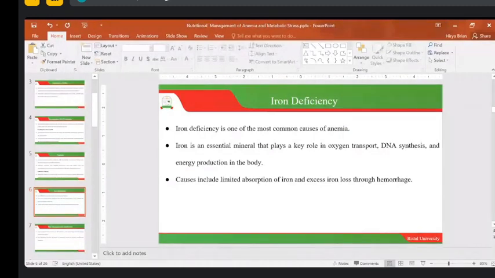So for iron deficiency, we are saying this is one of the most common causes of anemia. Iron is an essential mineral that plays a key role in oxygen transport and the synthesis and production of hemoglobin in the body. You realize that iron binds to all four heme groups of hemoglobin.